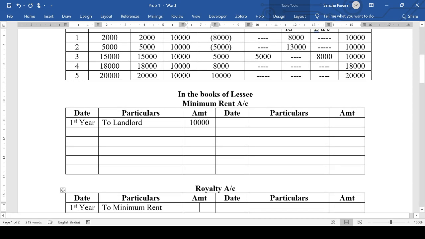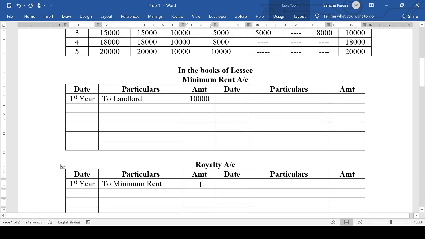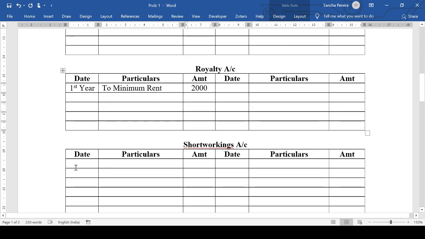How much is the royalty? 2,000. So the entry is royalty account debit, short working account debit to minimum rent.